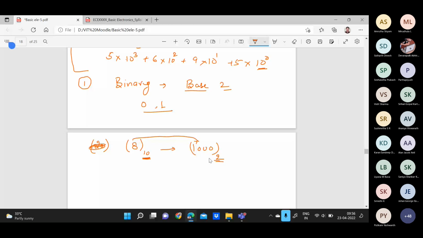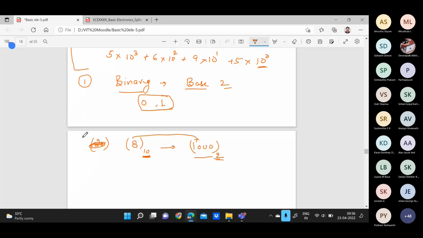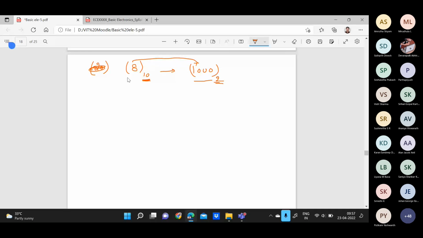As I am writing in the binary number system, it is a combination of zeros and ones only. So with only two different digits, I can represent any number. That's why it's called the binary number system. The question arises: if you have any decimal number like this, how can we convert it into a binary number?